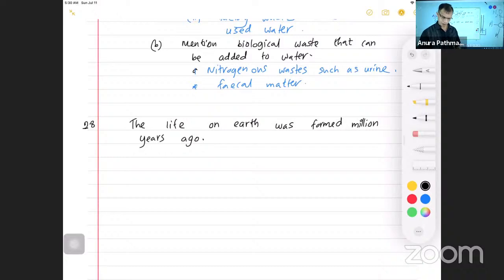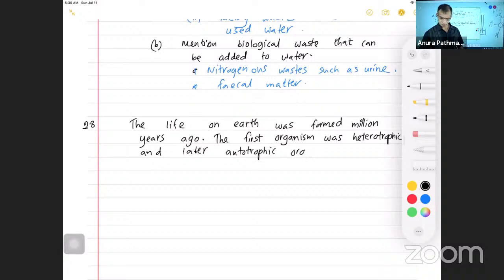The first organism was heterotrophic. And later autotrophic organisms were formed.